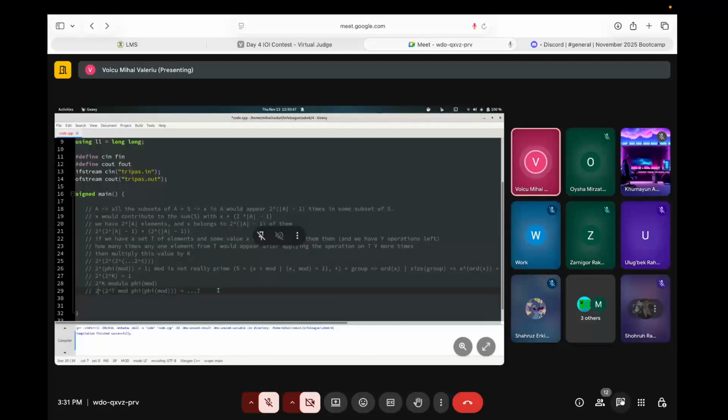In any case, let's try to calculate this value.